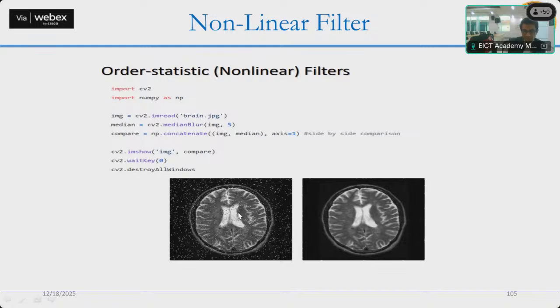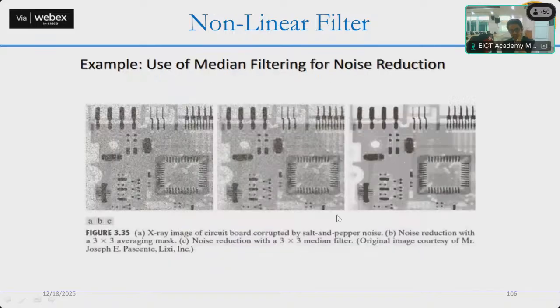This is your brain slice, and then median equals cv2.medianBlur. So you can calculate the median using this function, then you compare, and then we finally concatenate. Finally, we will see the image, and this is the overall impact of using the non-linear filter.